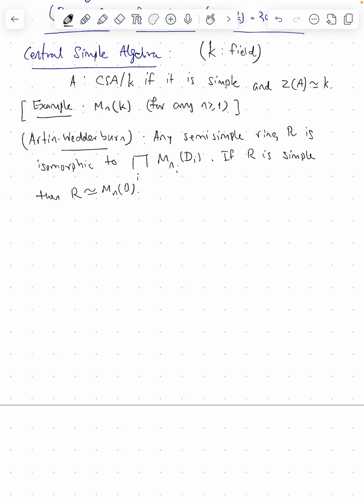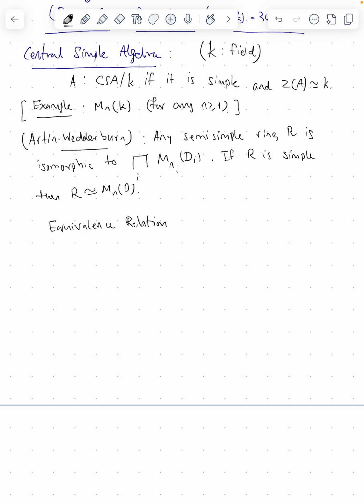So in order to define the Brauer group, what one does is take all such central simple algebras of various finite dimensions: you vary n, and for any n you take all the central simple algebras of that dimension over the field, and you define an equivalence relation as follows.